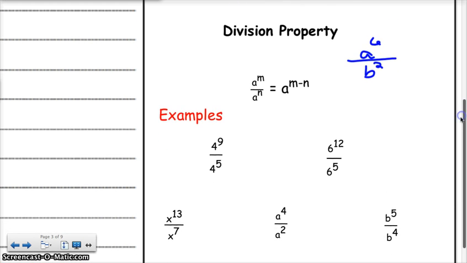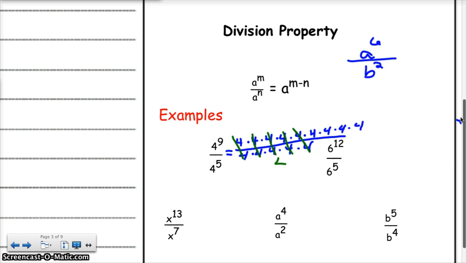Examples: 4 to the 9th over 4 to the 5th. I'll expand it out at first. That's 4 times 4 times 4 times 4, 9 times, all over 5 4s. Cross out 1, 2, 3, 4, 5 of them.